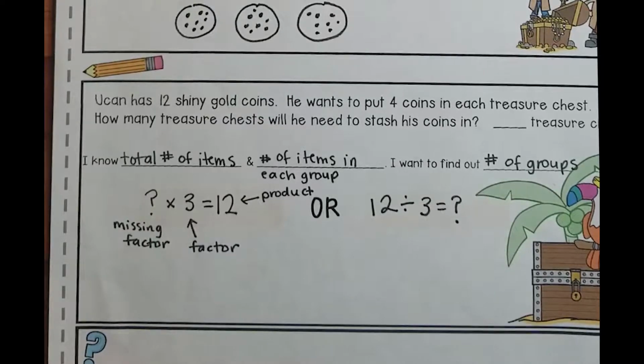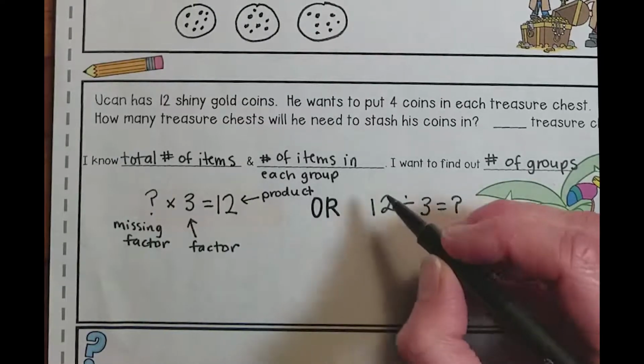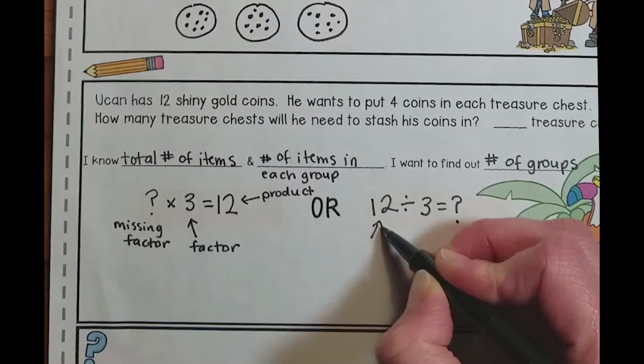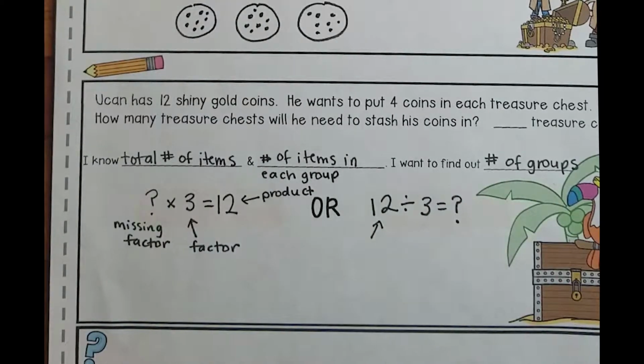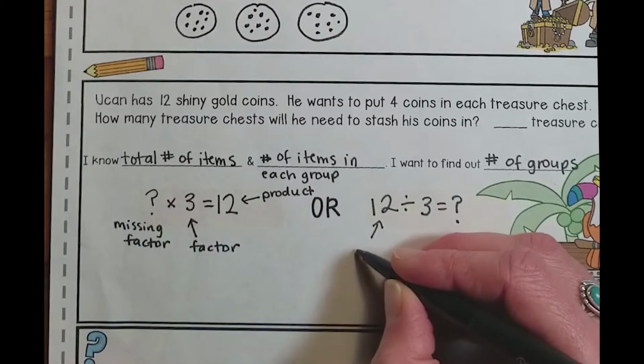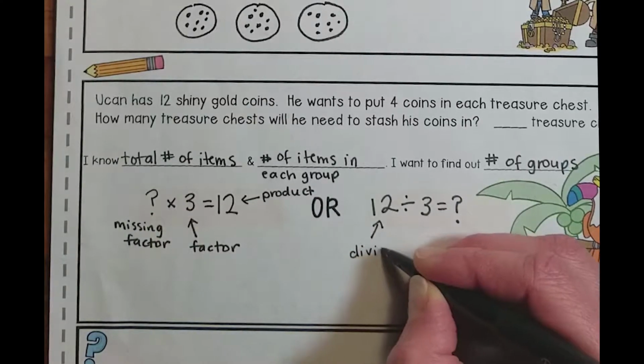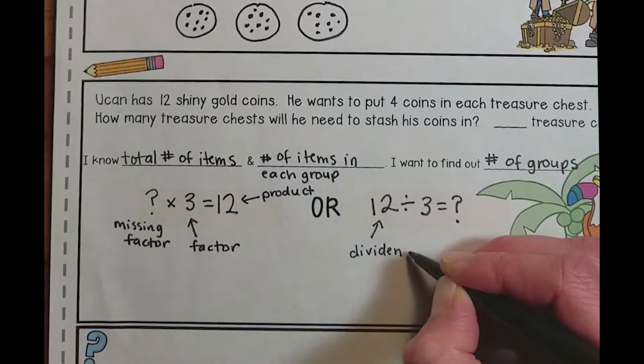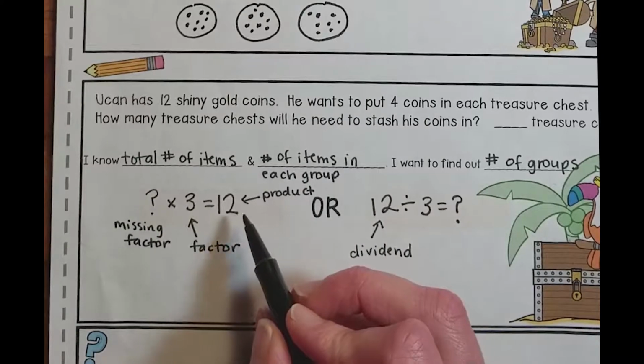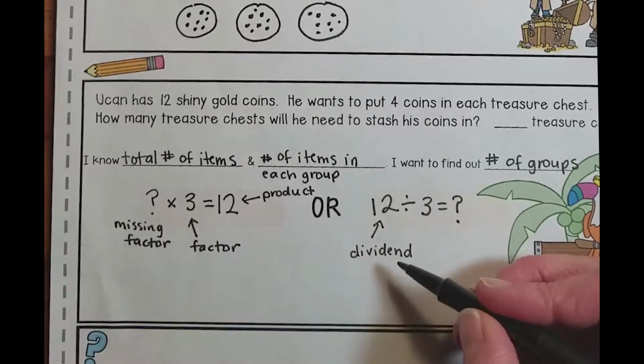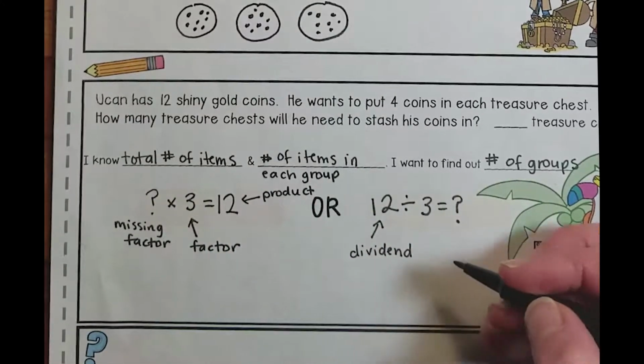If so, your division sentence should look like this. Remember, the total number of items in a division sentence is called your dividend. It's called your product in a multiplication sentence, but it's your dividend in a division sentence.